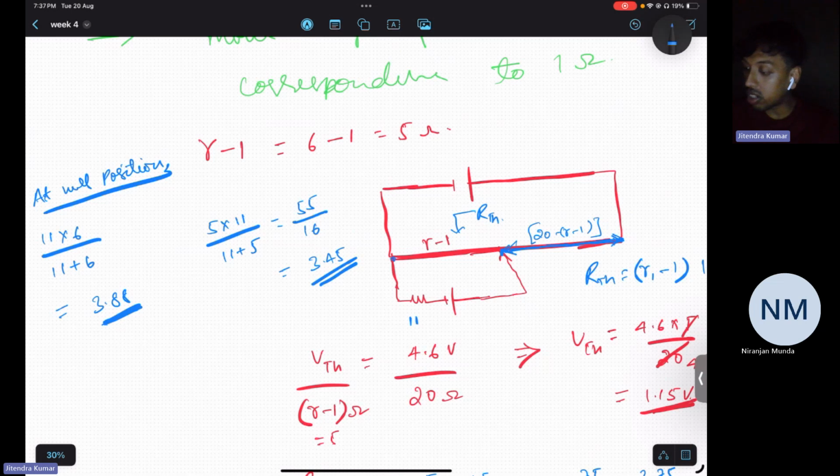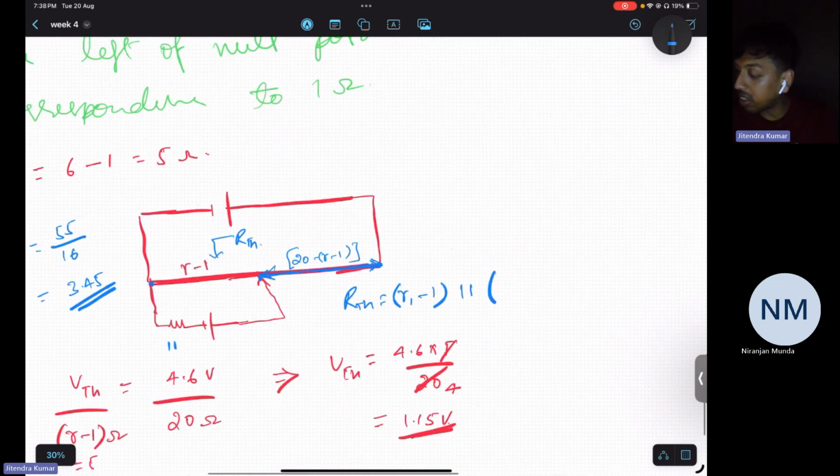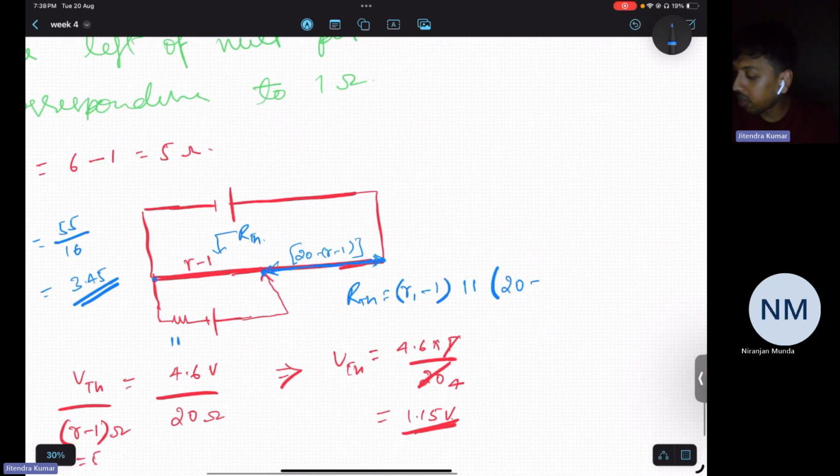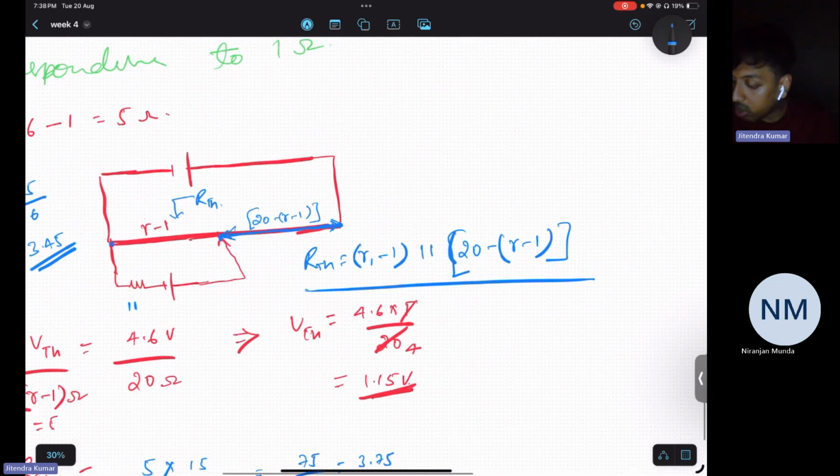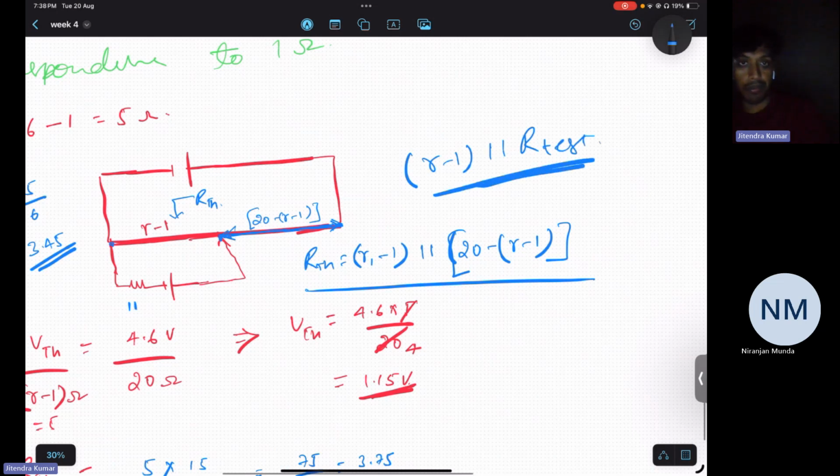If you calculate in both ways, this is one way, and the other way is R minus 1 parallel with 20 minus R minus 1. What I'm trying to imply here is that if you calculate with this value and compare with the calculation of R minus 1 parallel with R test, both should be equal.